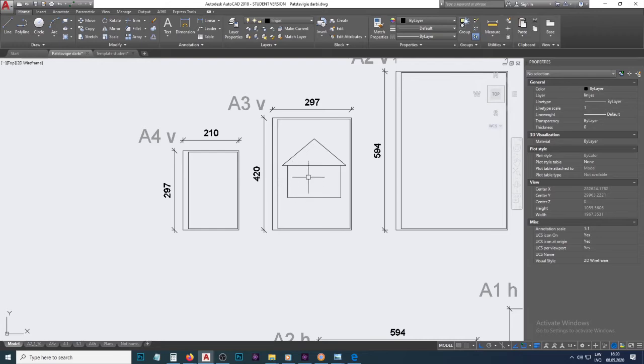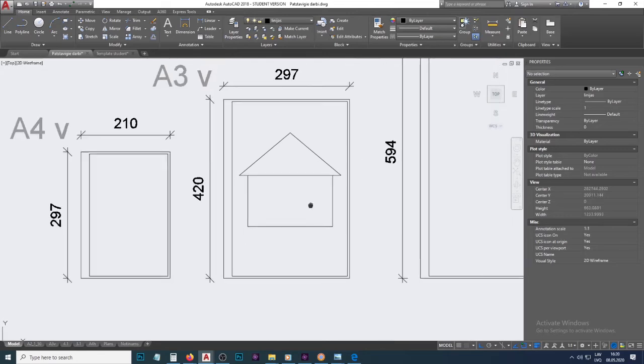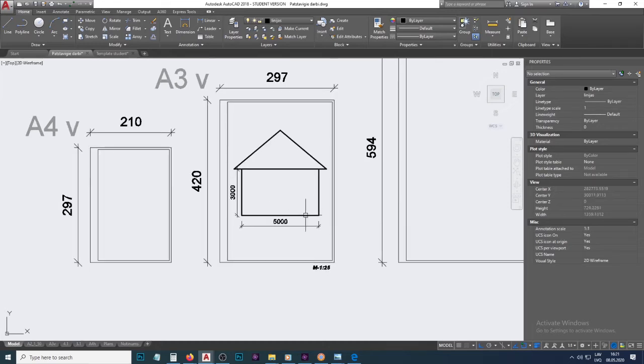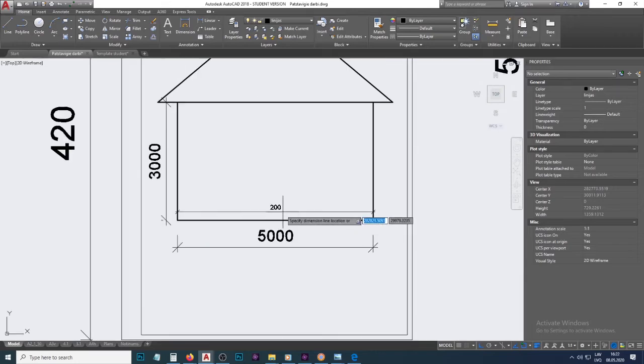Later we can put down window and doors and chimney and so on. But what is also very important, when we shall put down our dimensions, we should use the real world dimensions, like this. Length of our house on paper is 20 centimeters or 200 millimeters, but we will show 5000 millimeters.